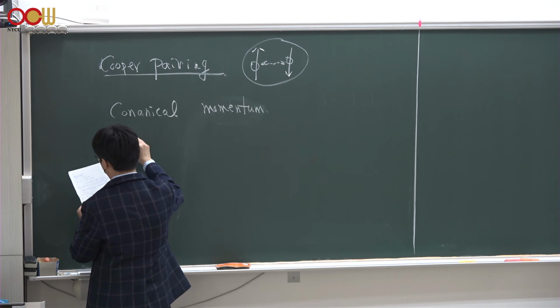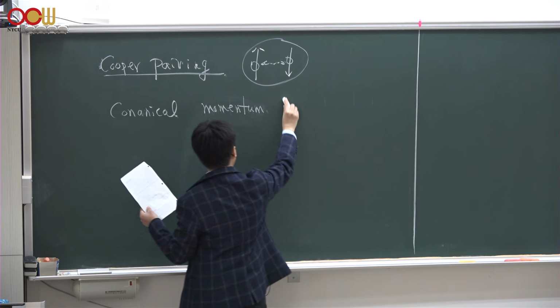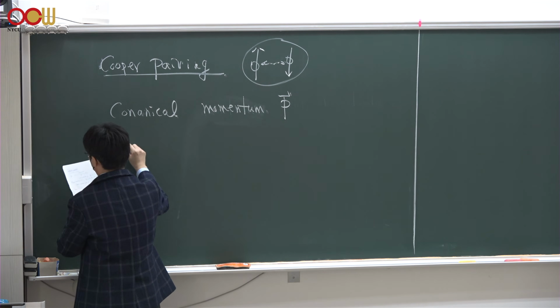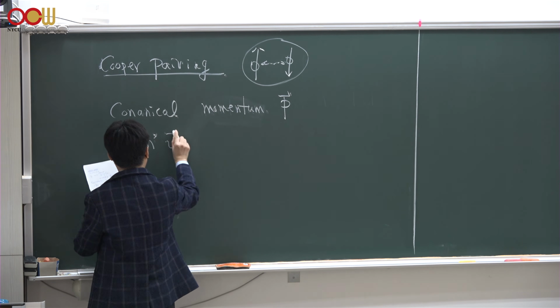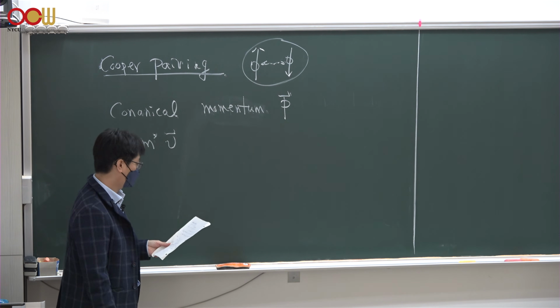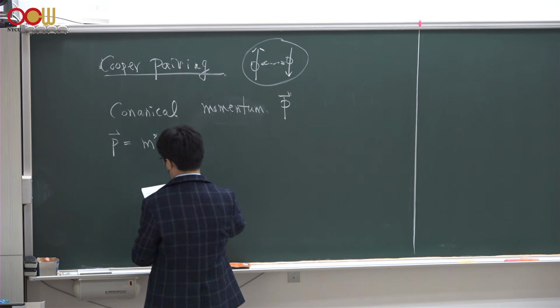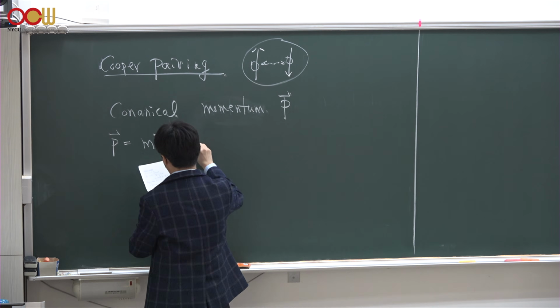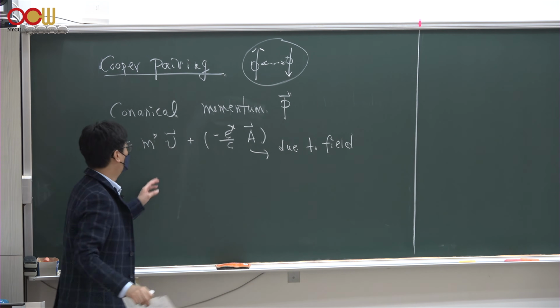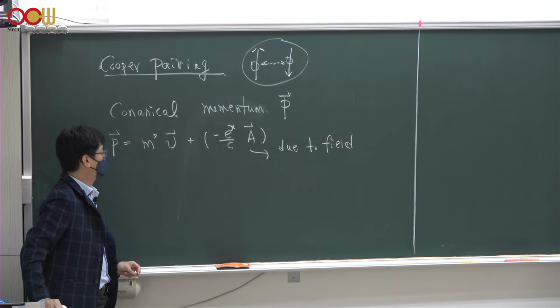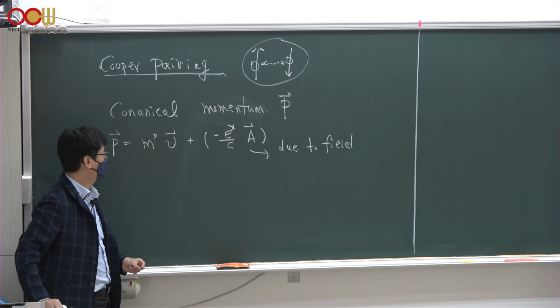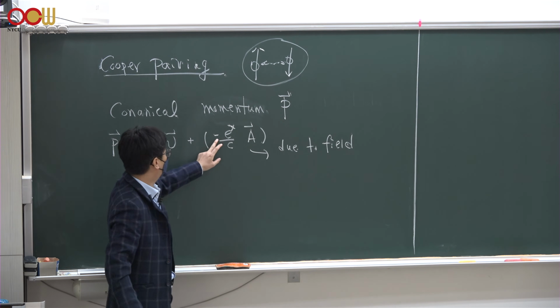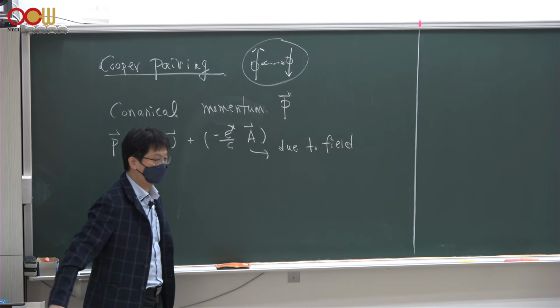The canonical momentum, which we call p, is not simply mass times velocity, as in ordinary classical mechanics. But in the presence of a charged particle and a field, it is given by this definition, where there's an additional term due to the electromagnetic field or vector potential, which contributes minus e star over c times the vector potential A.